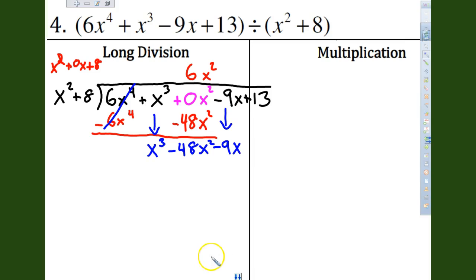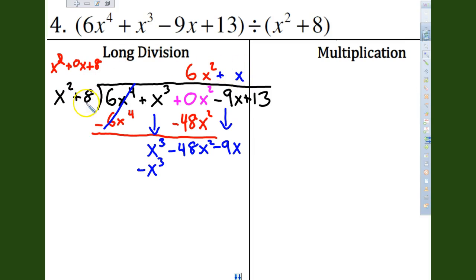And repeat. Okay. So we need to, let's see here, get an x cubed. We have an x squared, so we should probably multiply by just x, right? So x times x squared is x to the third, change the sign, negative.